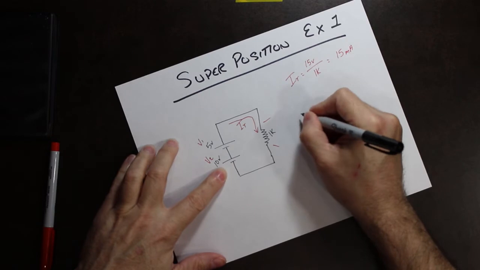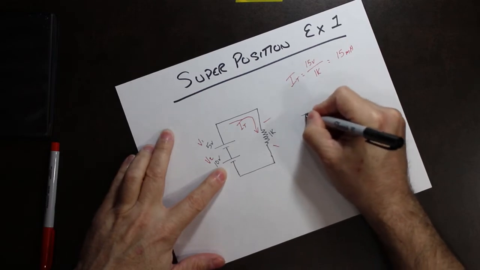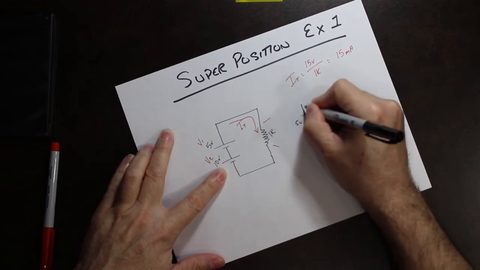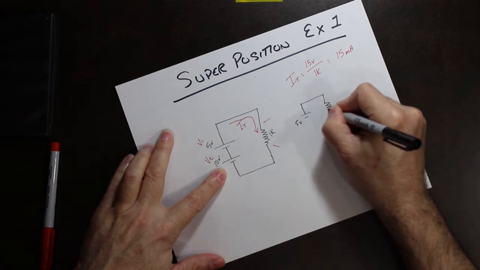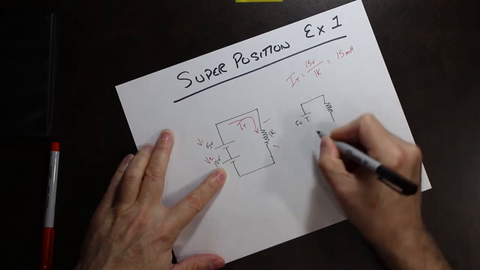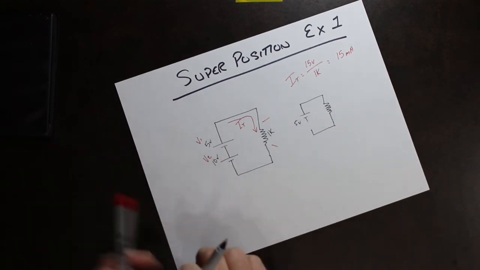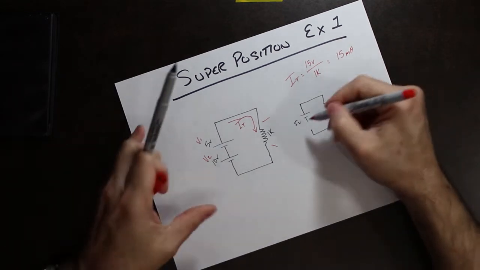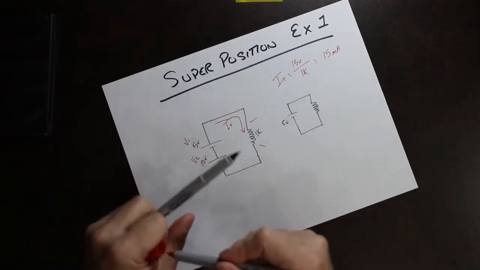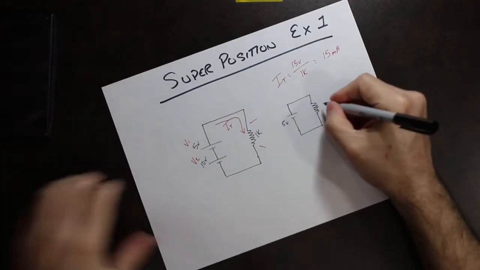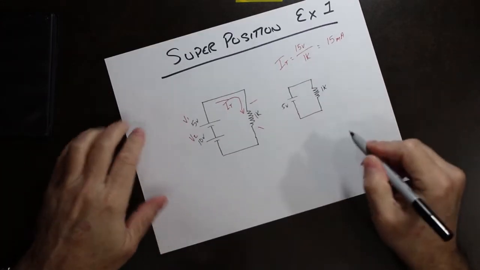So let's do the 5 volts first. So here's the 5 volts. There's our load. This is where we have removed the other power supply, the 10 volts, and I'm just going to replace it with a short. And then we've got 1K.